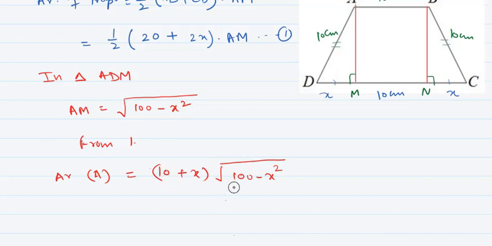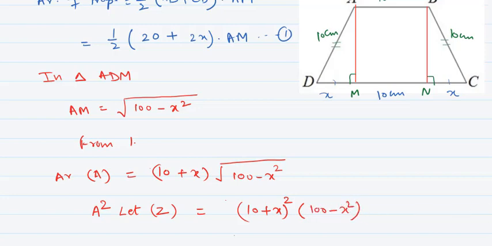As I told you earlier, to get rid of this square root quantity, we can apply squaring on both sides. So squaring both sides, we get A square, and let us name this A square as z, which is equal to 10 plus x whole square into 100 minus x square.